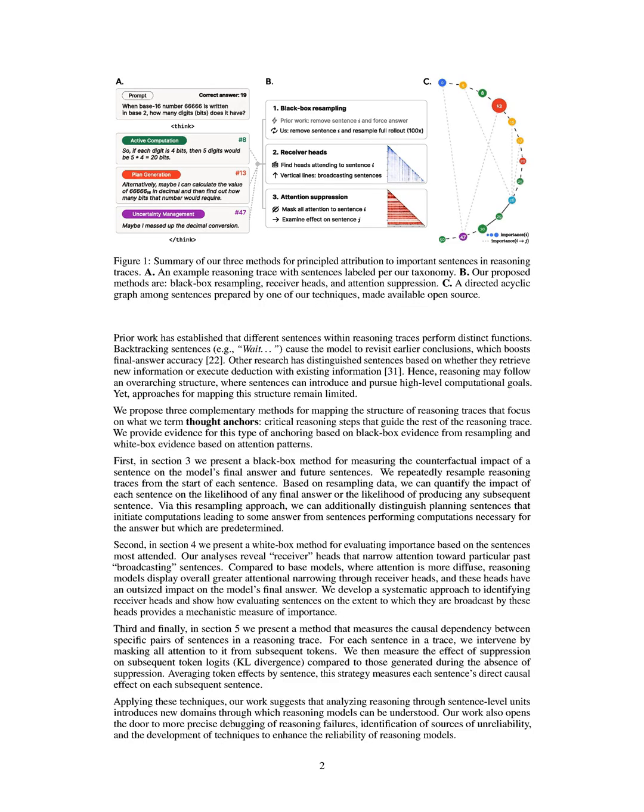Practically, our three complementary methods, black box counterfactual importance, white box attention aggregation, and attention suppression, provide a robust framework for identifying critical sentences and their causal relationships, enhancing the precision of debugging reasoning failures and improving model reliability.